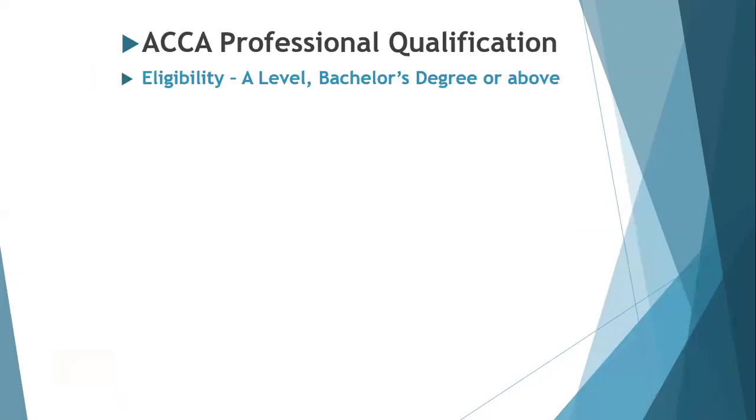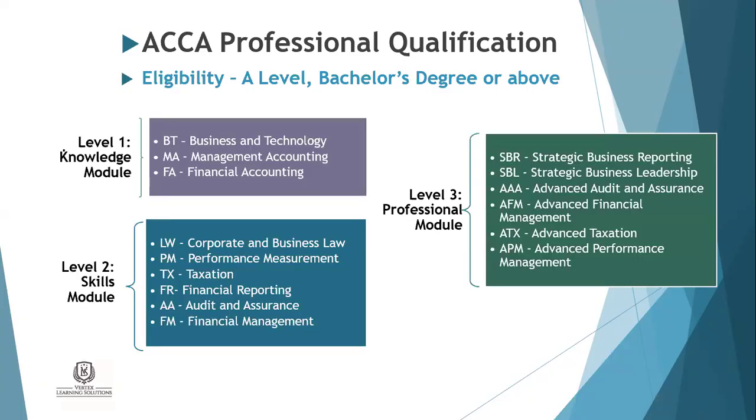As you all know, for the ACCA professional qualification, who can enter? Those who have just done their A levels, or have a bachelor's degree or above. When you enter the ACCA qualification, you must know the exam pattern, like how many papers you are supposed to pass.